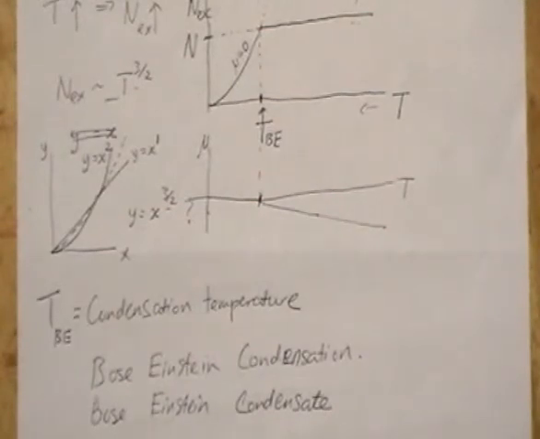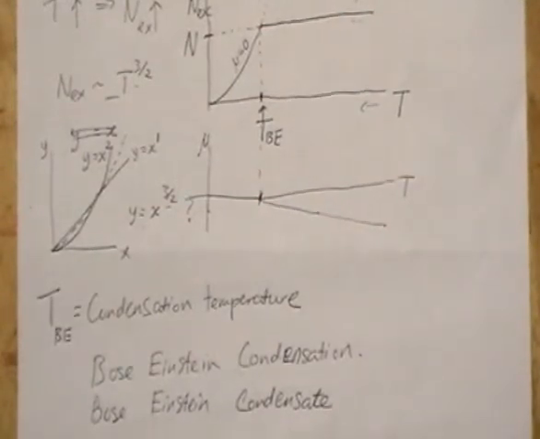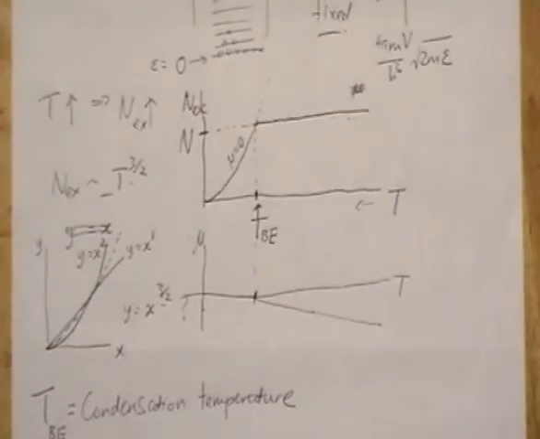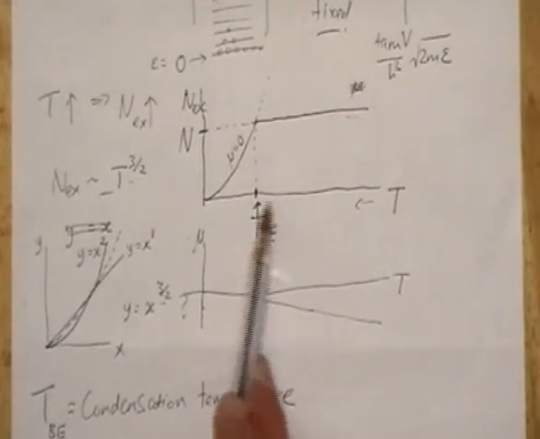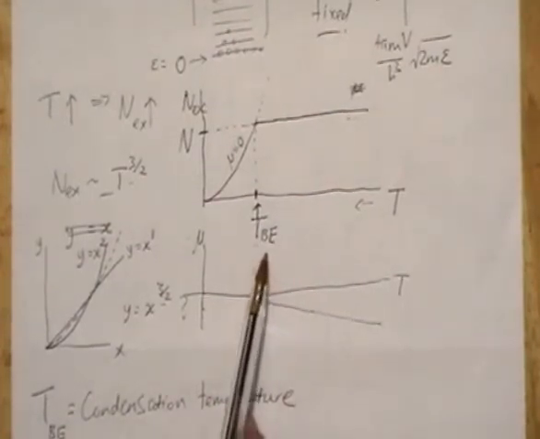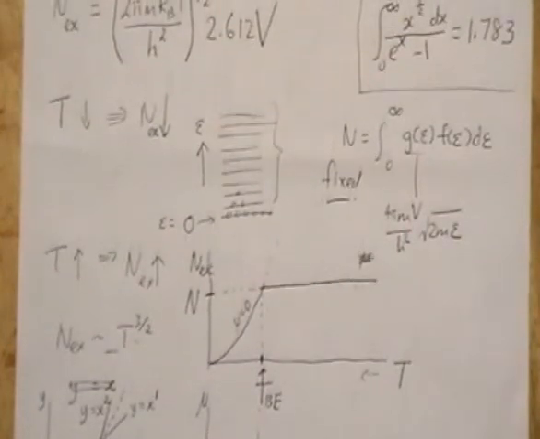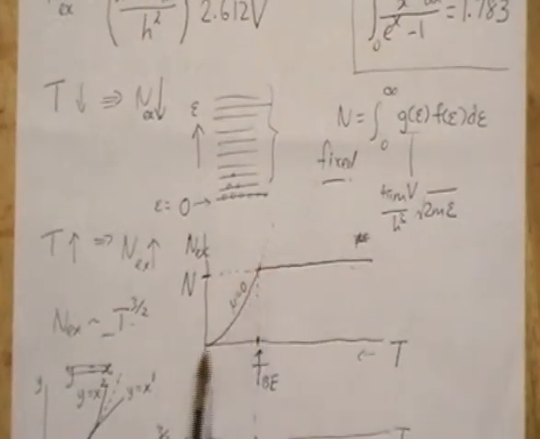Now, the next point I want to look at is to see how we might find a formula for this condensation temperature. Remember that we already have a formula for N_EX, the number of excited particles.